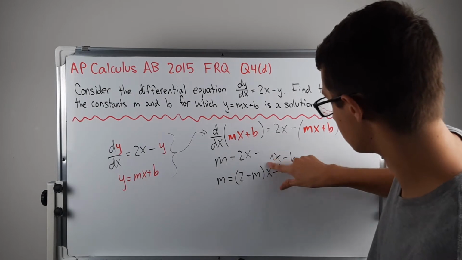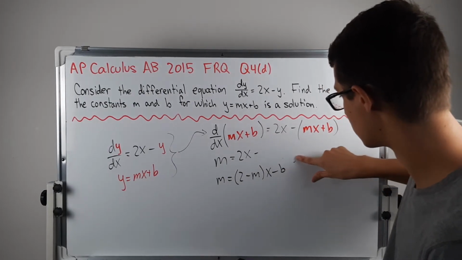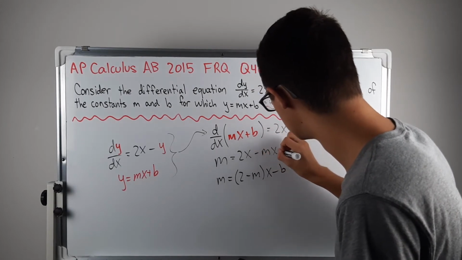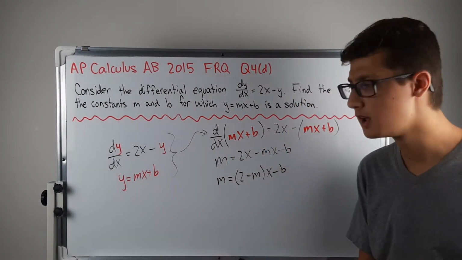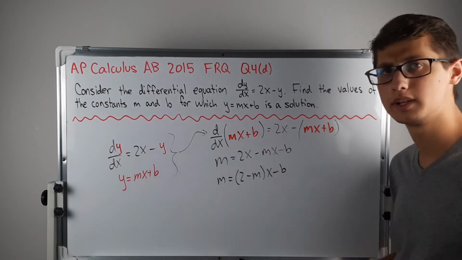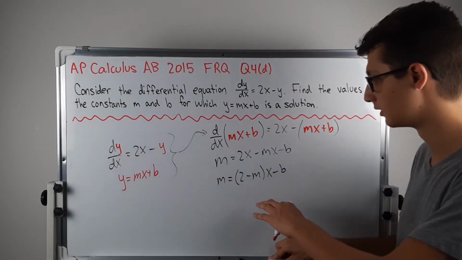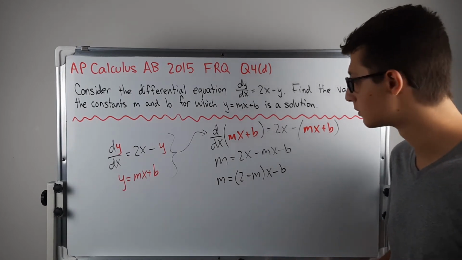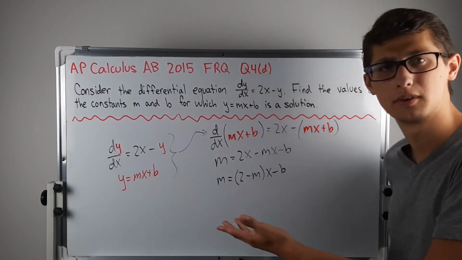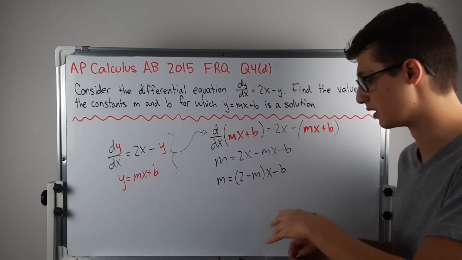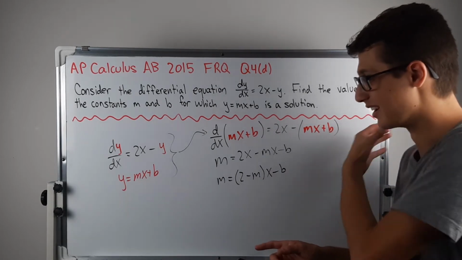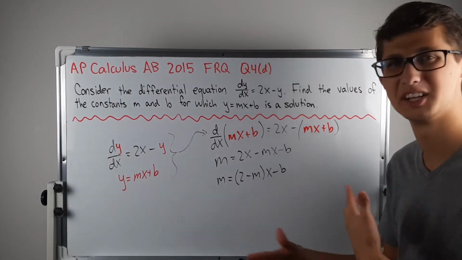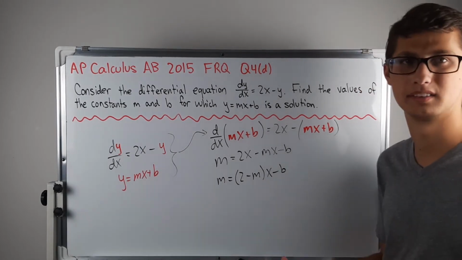So how do we actually proceed here? We're trying to find m and b, but at the same time we don't really have a way to solve for anything in terms of just numbers. Anything that we try to solve will be in terms of m or b or x or a combination of these, so it gets kind of messy.